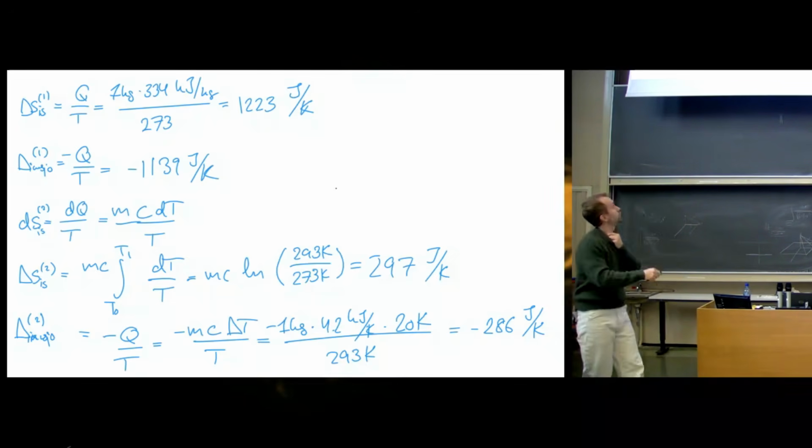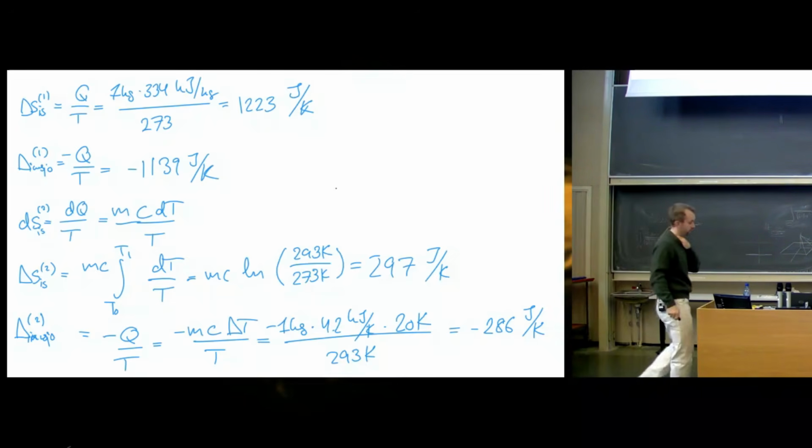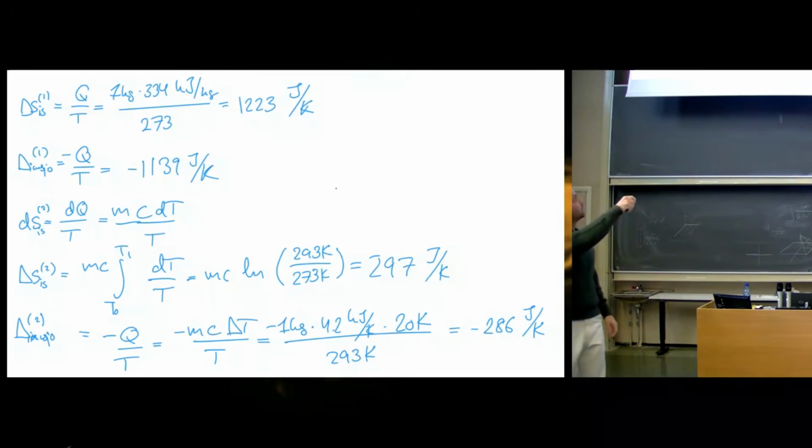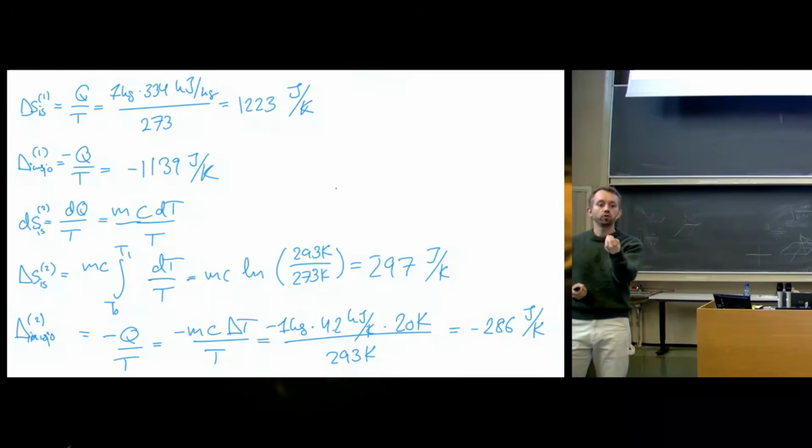And now we're going to ignore this second calculation. It's not important for these purposes. But most importantly, the thing to notice here is that the entropy of the ice cube has increased by 1,200, whereas the entropy of the lake has decreased by only 1,100.